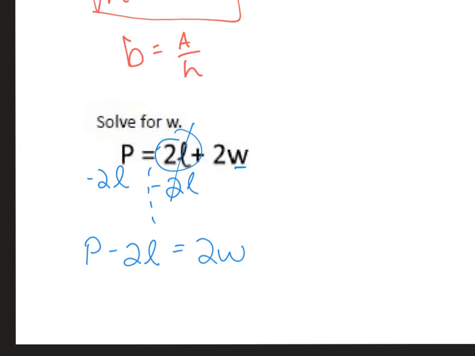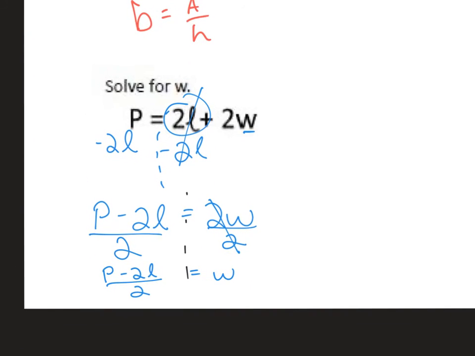We still have to get that W all by itself, and there is this 2 in the way. So we're going to divide both sides of the equation by 2. So we have W by itself now, and we leave this like this. This is it.